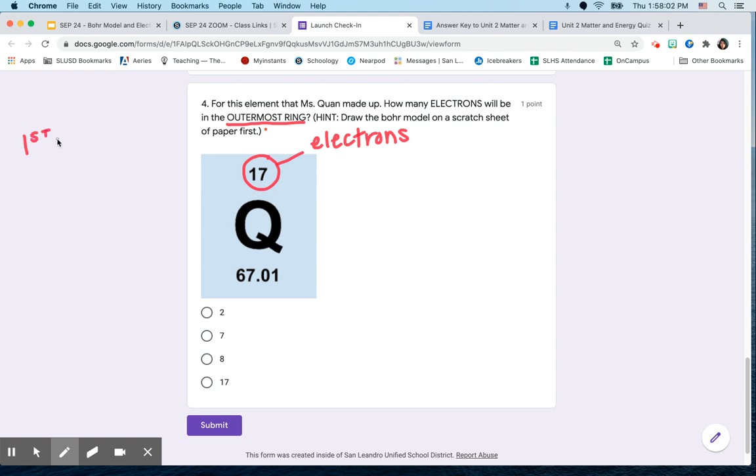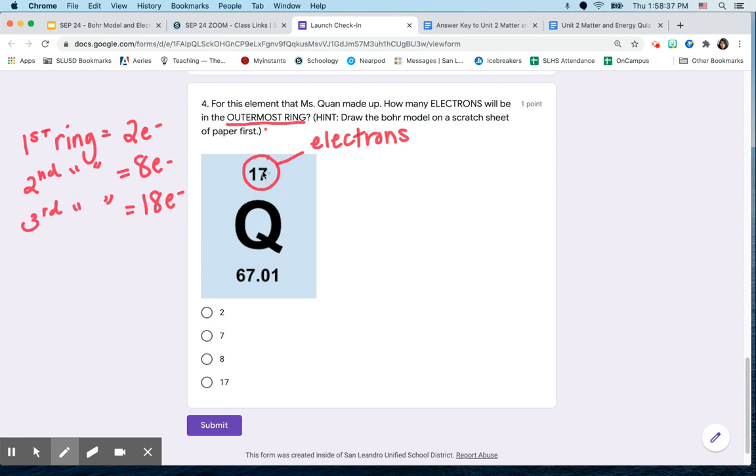So the first ring only fits 2 electrons. Our second ring, I'm going to put quotation marks instead of rewriting the word ring, but it means the same thing. So second ring, I can fit 8 electrons. The third ring or energy level or shell, I can fit 18 electrons, right?